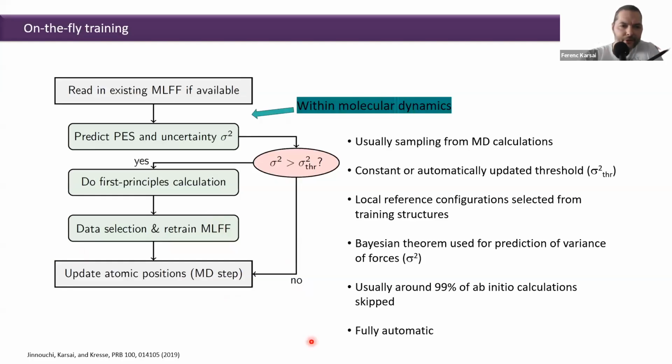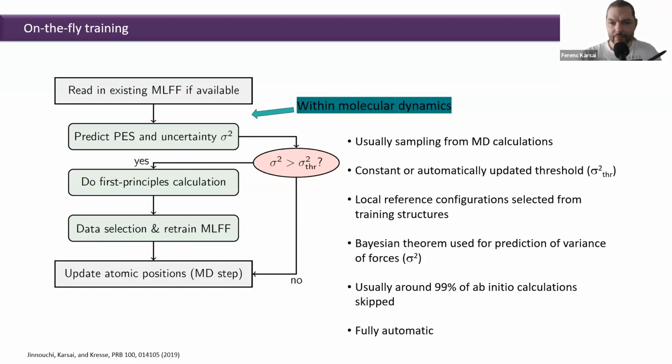The alternative route would be the no branch, where the error is smaller than the threshold. This would mean the force field is accurate enough, so it comes directly to the update of the next positions and goes back to this step here. In principle, if you do this on-the-fly learning, you would see that with evolving time, less and less often you encounter this yes path, since the force field becomes better and better.